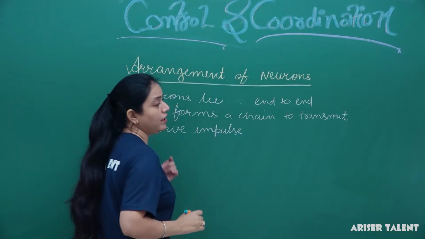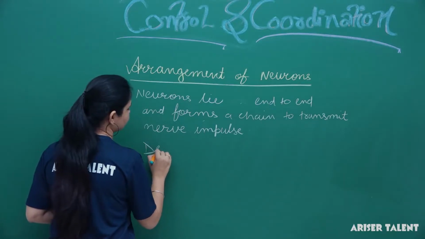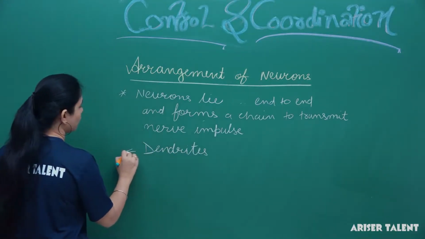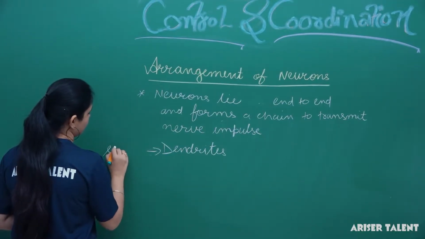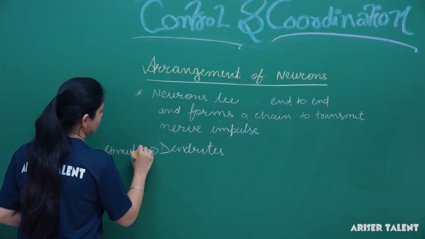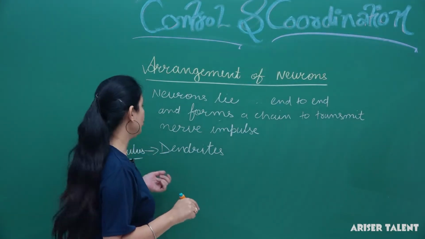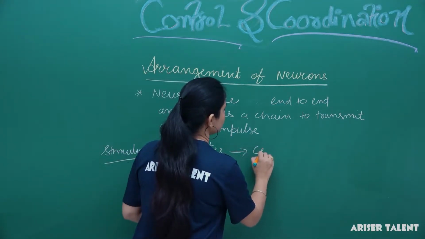And generally how is it done? When the dendrite receives a stimulus or stimuli, it passes it to the cell body.